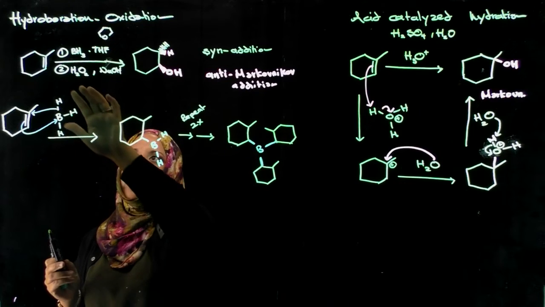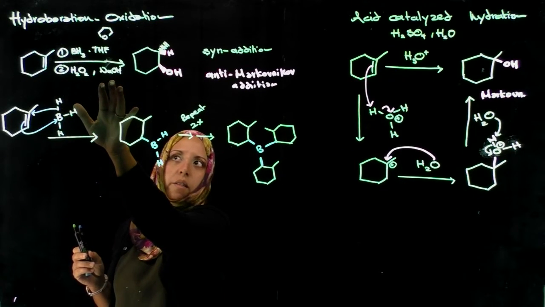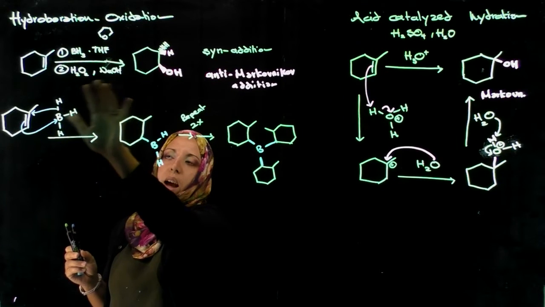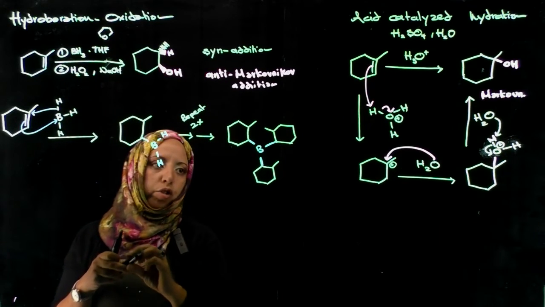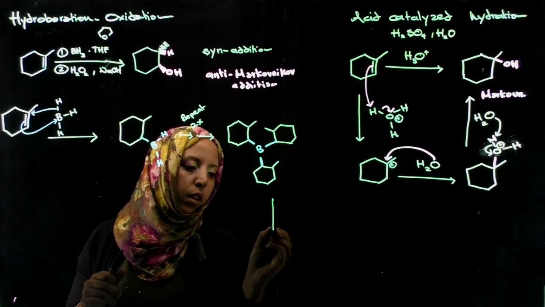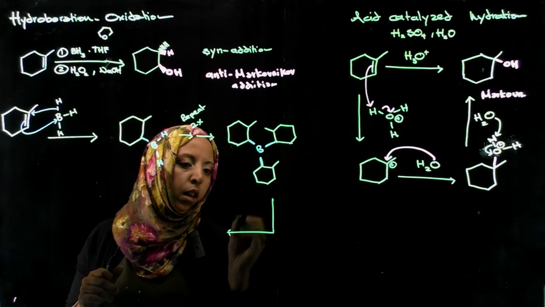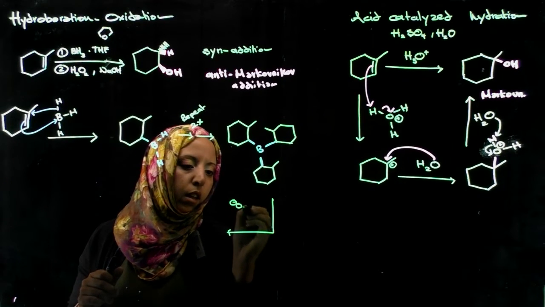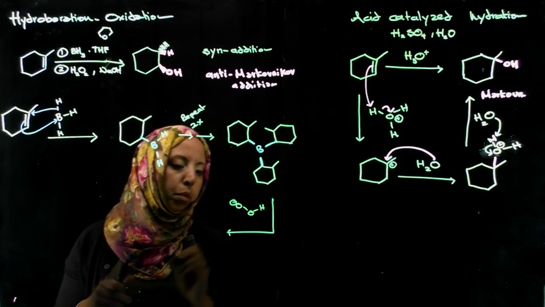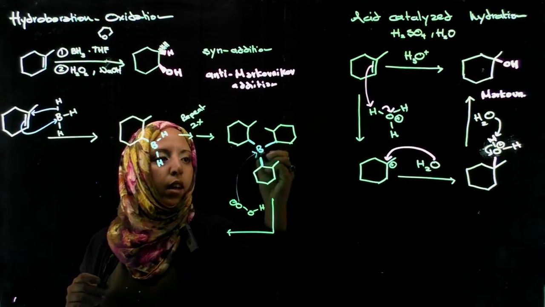So if you think about it, you have hydrogen peroxide in the presence of an acid. So the acid is going to deprotonate hydrogen peroxide. Okay? And what we end up getting is a deprotonated hydrogen peroxide that will go in and attack the boron.